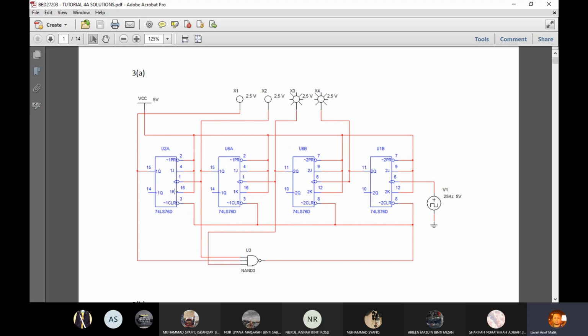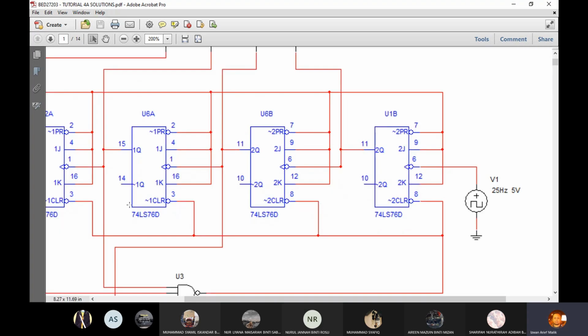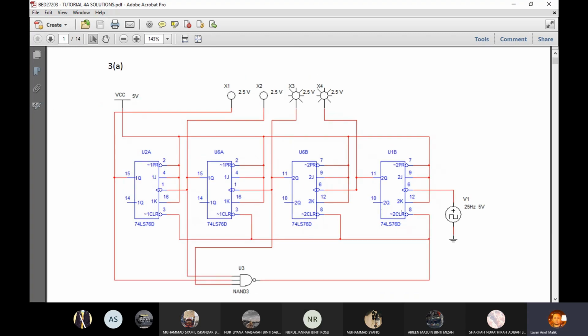Okay, so this is D, saya masukkan ke NAND, this is C, and this last one is B. So whenever this is 1, 1, 1, here will become 0. Bila dia masuk sini dia jadi 1 sebab sini ada bubble. Okay, there is a bubble there. So bila sini triggered to become high, maksudnya dia clear.